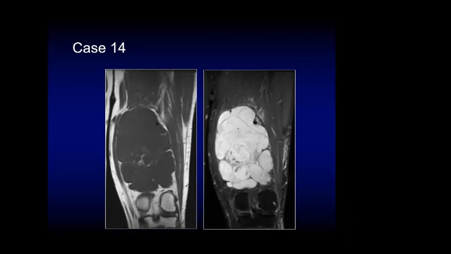Okay, so on T1, what do you see? This high signal intensity will either be fat or hemorrhage. So the high signal intensity, which one? No doctor, this.